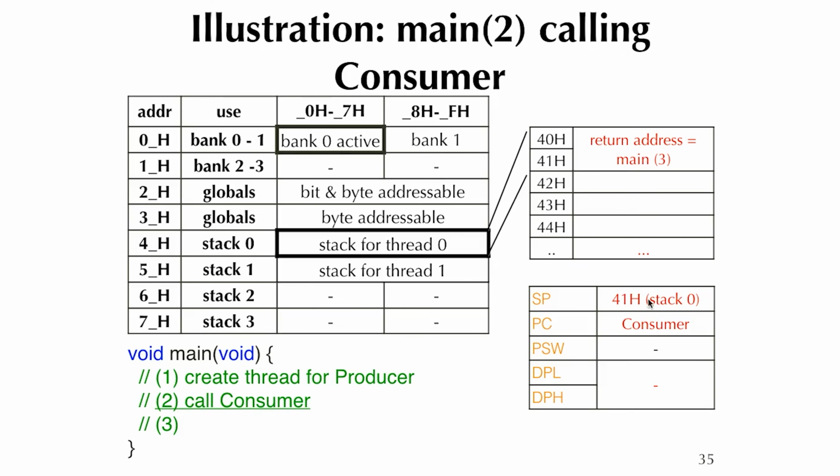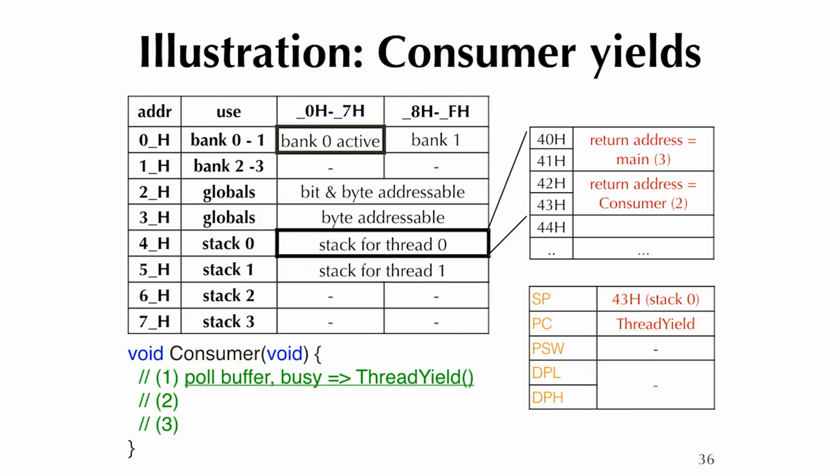The stack now has the 2 bytes of the return address back to step 3 of main, but we don't really use that. And then the PC is now pointing at consumer, and consumer can start running. But that's still thread 0. So far we're only running thread 0. Thread 1 has been created, but we haven't run it.